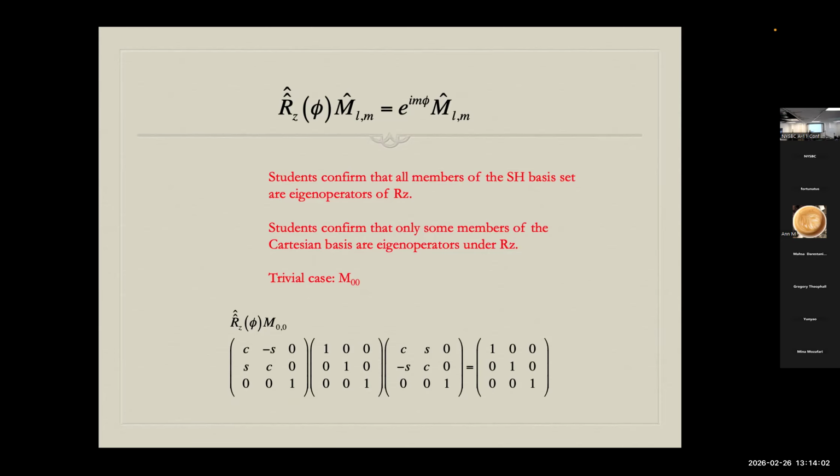M00 is this matrix. So I take that matrix and I rotate it around Z through an angle phi. If it's an eigenoperator of RZ, it shouldn't matter what phi is, I need to get the same thing back, times a constant. So I do that rotation and I get the same thing back. And you say, yeah, that's like L equals 0. Anyway, I get the same thing back.